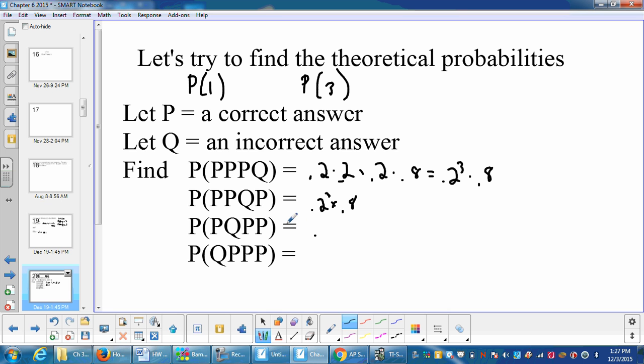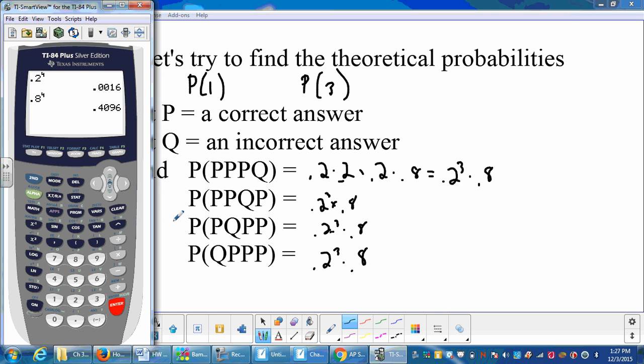And this one, same deal, and same deal. So what we have to do is take 0.2 to the third, multiply that times 0.8, and that's what each of these represents.